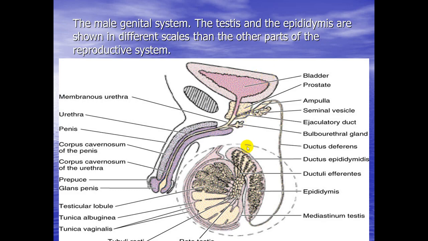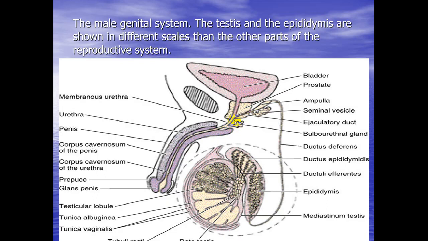Besides these organs, the male reproductive system has 3 pairs of accessory glands. The first gland is the seminal vesicles, then the prostate gland and the bulbo-urethral glands.